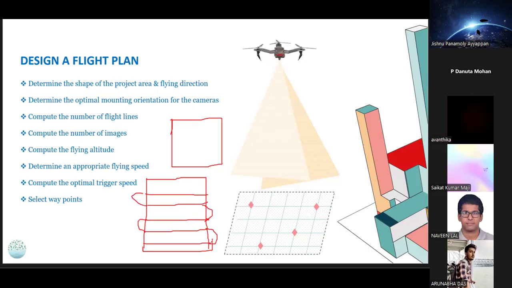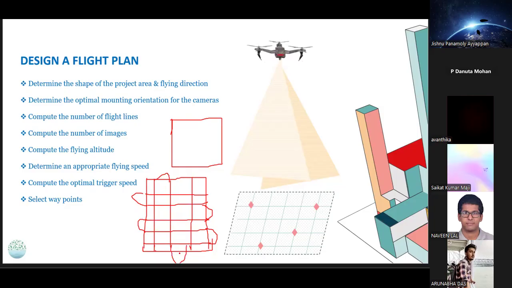But the problem is that whenever the drones take a turn, it affects the battery and fuel of the drones. So it is always advised to have parallel flying along the longest side of the AOI. If you make a flight plan like this, vertical or parallel to the longest side of the AOI, suppose our drone is starting here, it will reach here, make a turn, then fly through this path, make a turn, then exit.